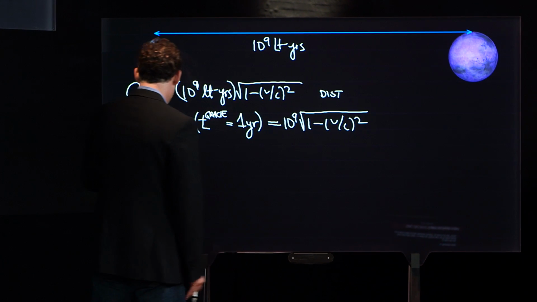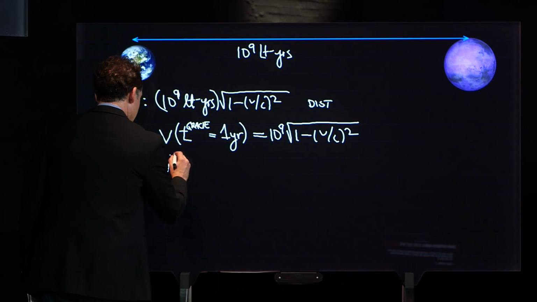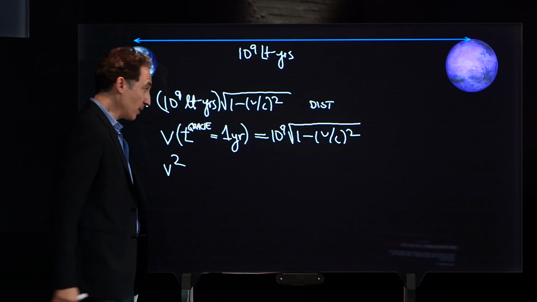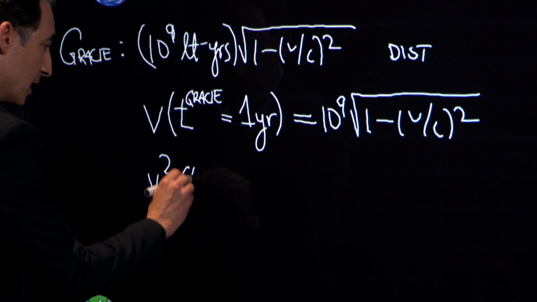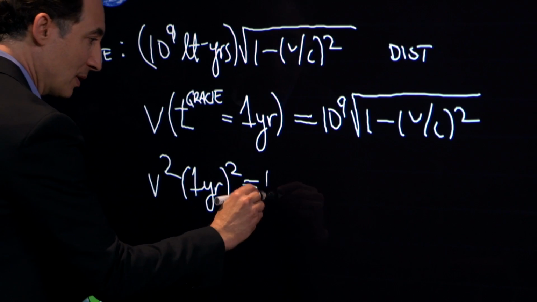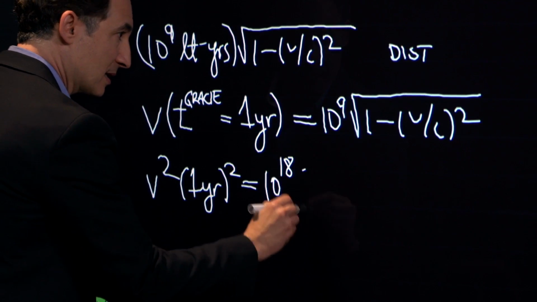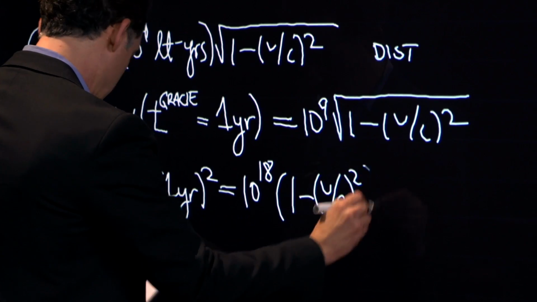And let's just work it all out for good measure. So let's square everybody up, because you have a square root over here that we want to solve for v within. So we have v squared times 1 year squared. This is equal to 10 to the 18 times 1 minus v over c squared.